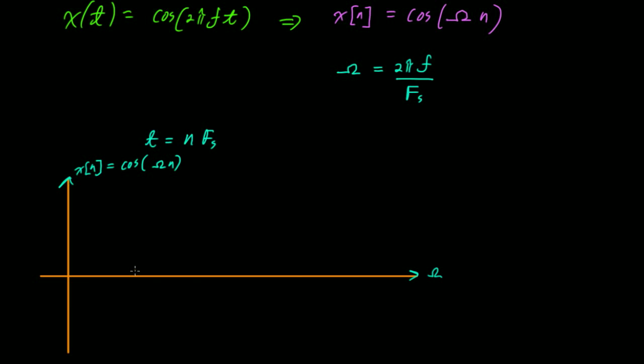I'm just plotting x of capital omega times n versus this, which is omega. Just a regular cosine? It's just a regular cosine, in the sample domain.